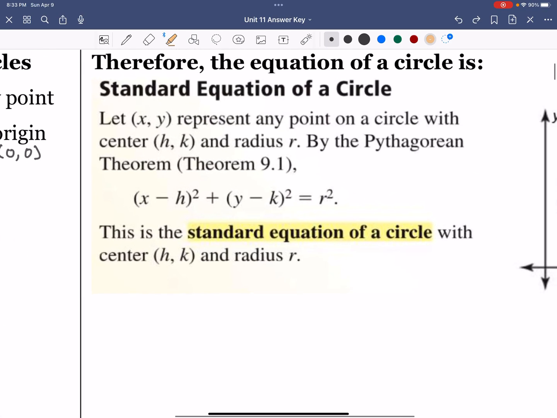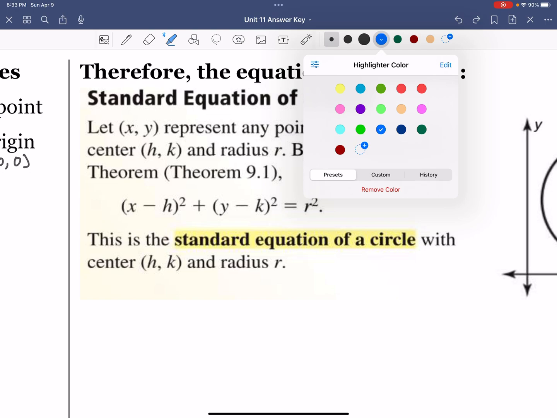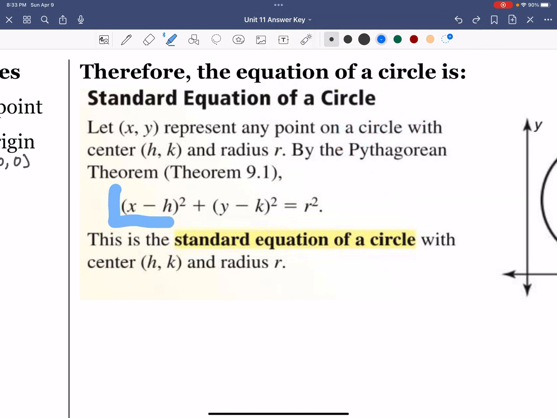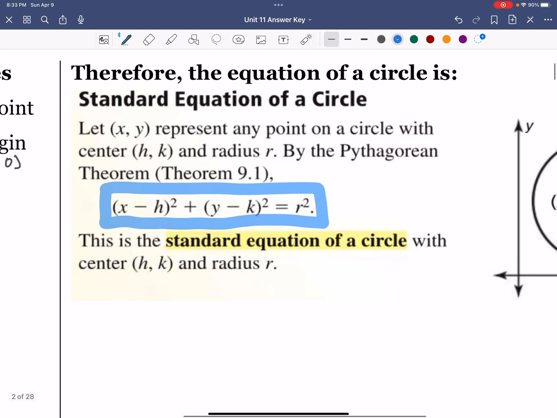So with that, we actually come up with a different equation, because what if we aren't at the origin for our center point? Well, we have an equation for that, and we call this the standard equation of a circle. This just tells us that we have x, y as a point on the circle with center written as h, k, and that radius is still r.